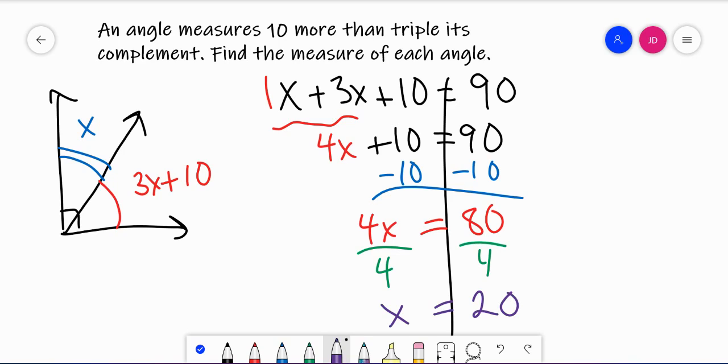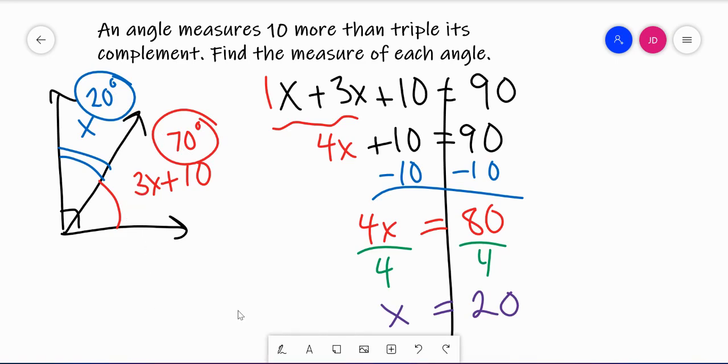So that means my x up here is 20 degrees. If that's 20, this one is 3 times 20 plus 10, which is 70 degrees. So those are my two angles, 20 degrees and 70 degrees.